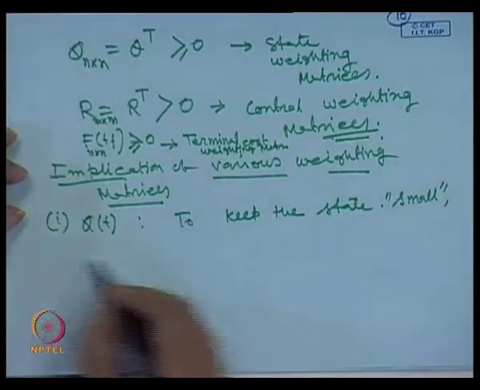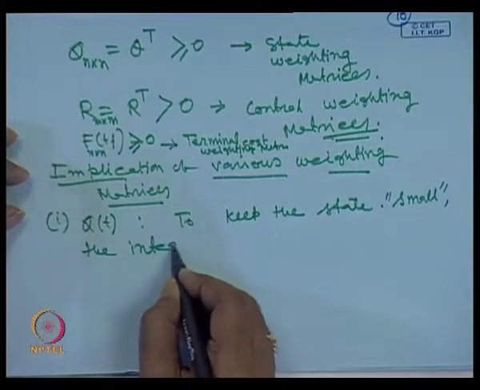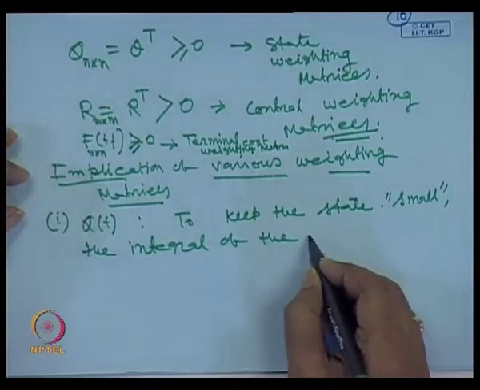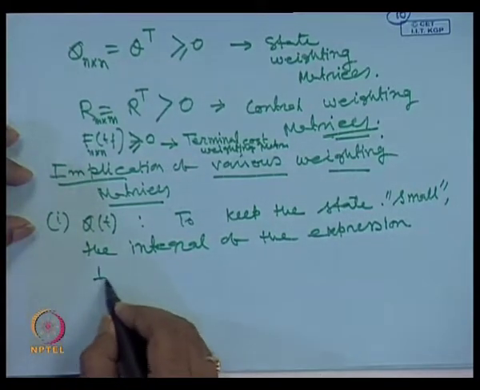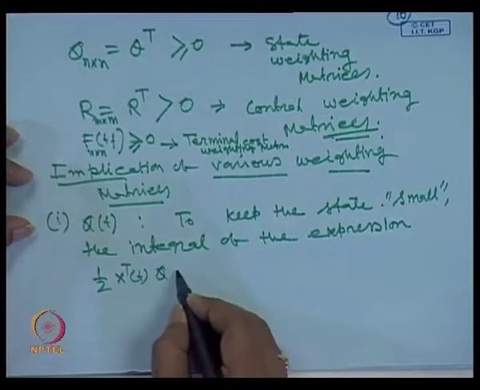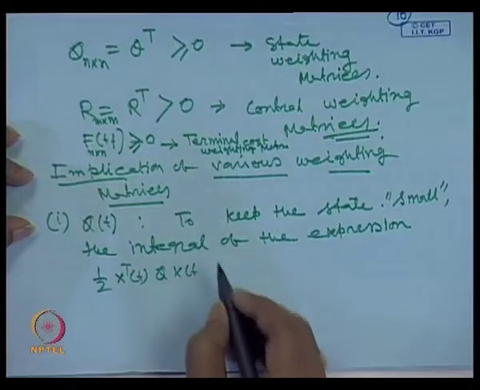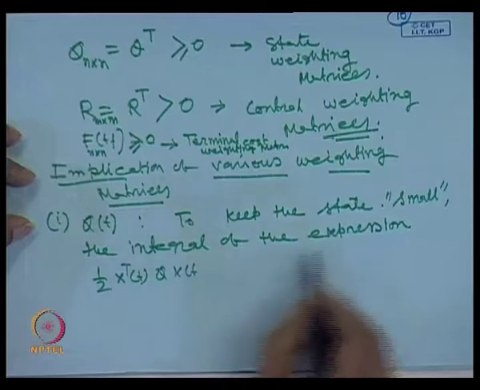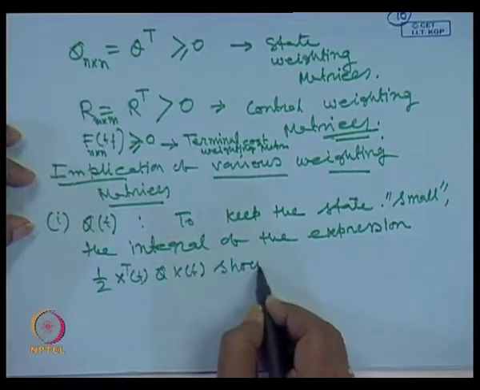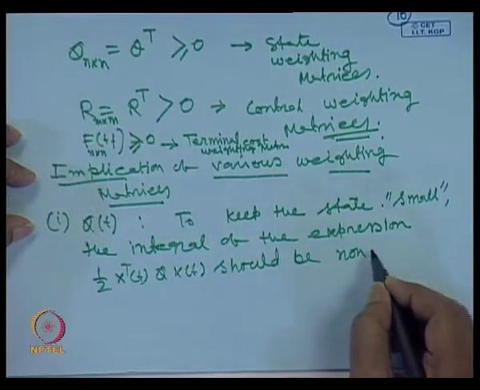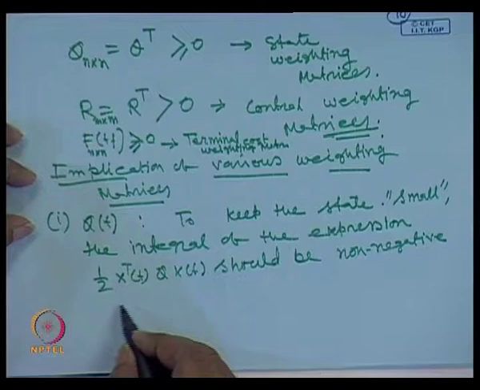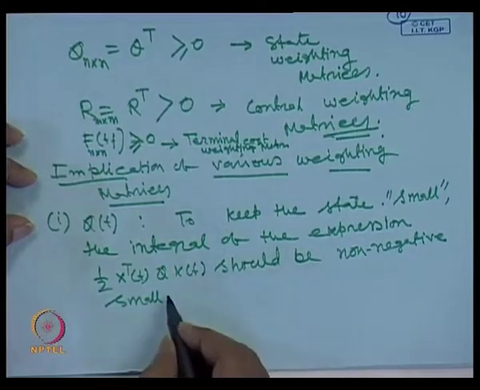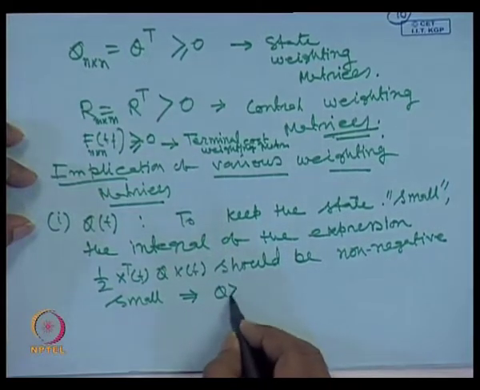So, if you want to keep the state small, then the integral of the expression half x transpose Q x of t should be non negative and small. This implies that Q must be greater than 0.